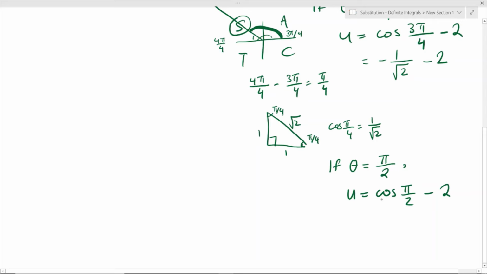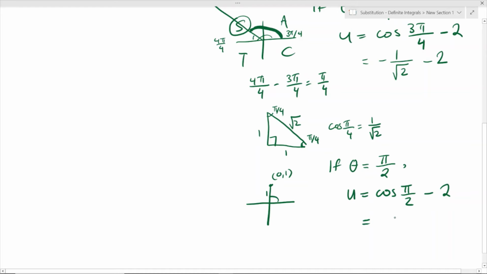So we know cos pi over 2, right? Here it's 0, 1, this is pi over 2 here, so x is 0 and y is 1, so 0 over 1.